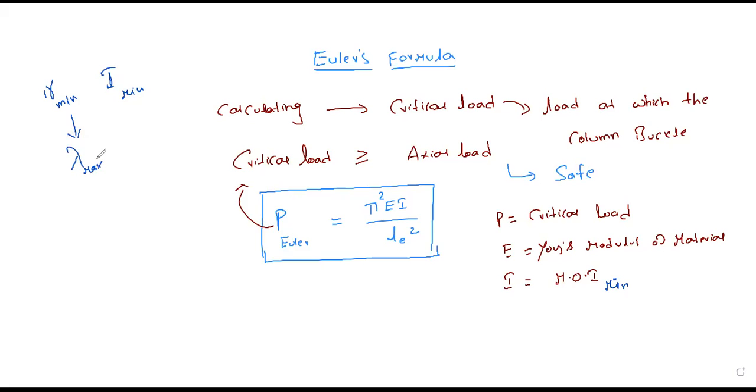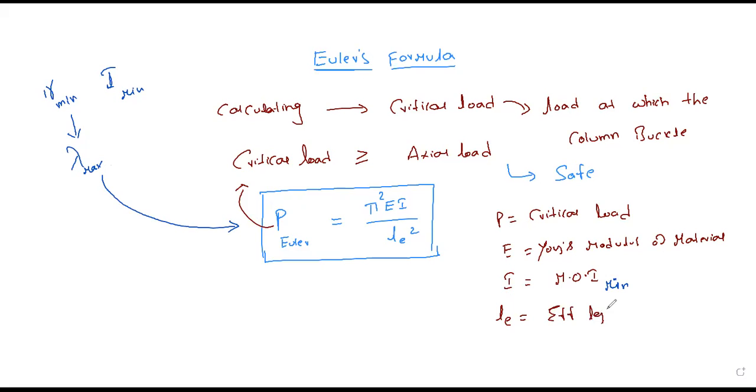This maximum slenderness ratio we require to see whether my column will buckle or not. So that's why we take the minimum moment of inertia to calculate the minimum radius of gyration, which leads to maximum slenderness ratio. Beyond this slenderness ratio, what happens? Definitely the column will buckle. To know this, we have to calculate the crippling load, or critical load. And next one, LE. What is LE?